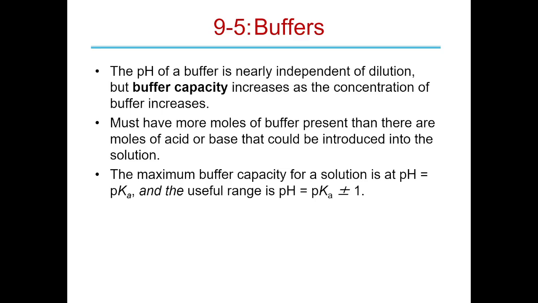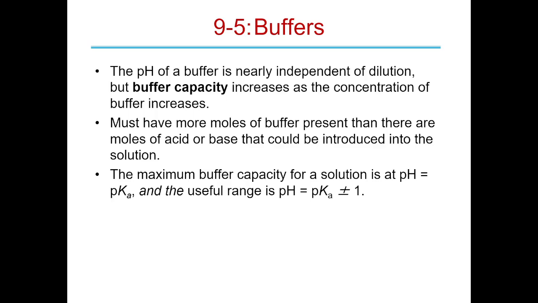The maximum buffer capacity for a solution is going to be at pH equals pKa. Why is that? Okay, so what if I have something where the pH is like several units higher than the pKa? What does that mean? Well, that means I have almost no buffer capacity on one side of that, right?